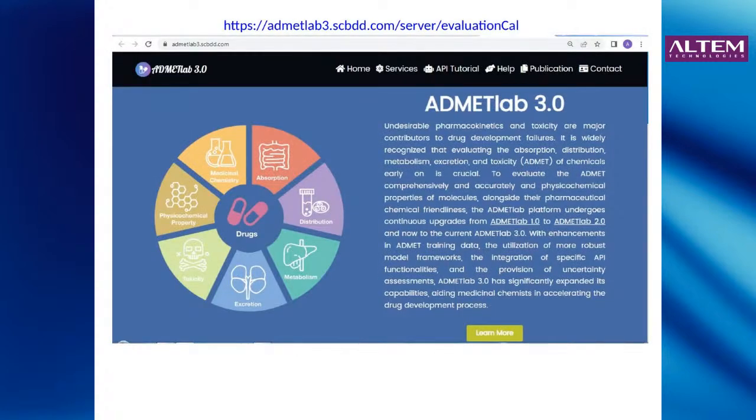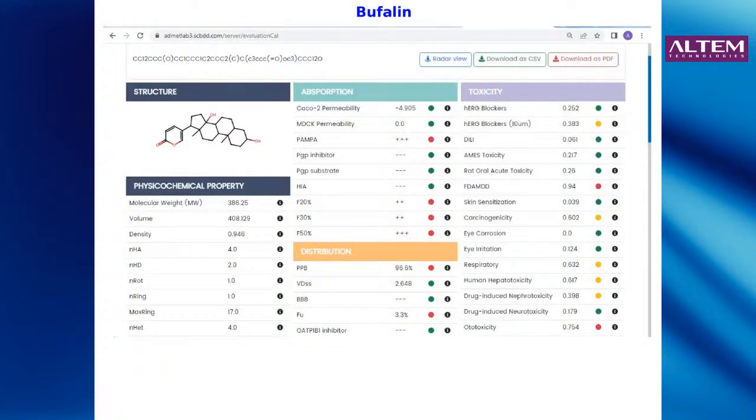And again, there is another tool called ADMETlab. The current version, ADMETlab 3, also has all of this. Once you identify a lead compound, you take the SMILES structure and input it into this website, and it can predict a lot of other properties like pharmacokinetic absorption and toxicity profiles.